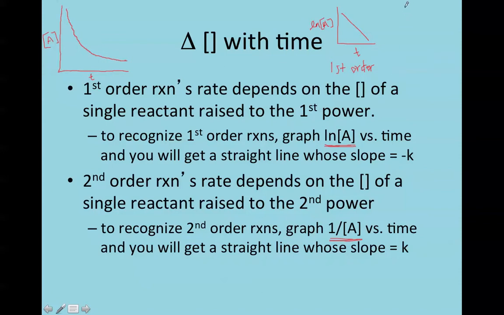If instead you graph 1 over the concentration of A versus time, and you end up with something that looks like this, well, that tells you that it was second order. Sorry, my handwriting's going crazy.